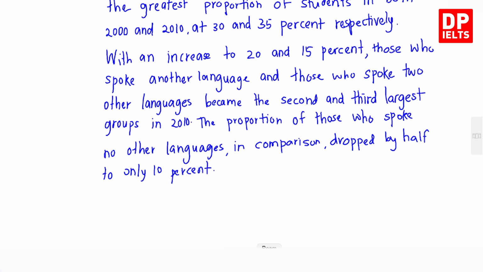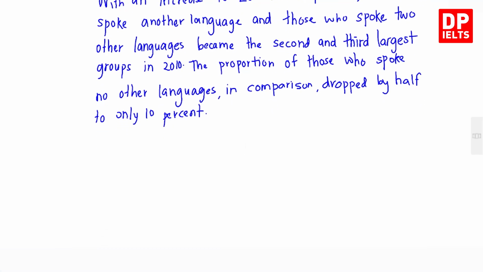Last body para or detailed para of those who were able to speak other languages.